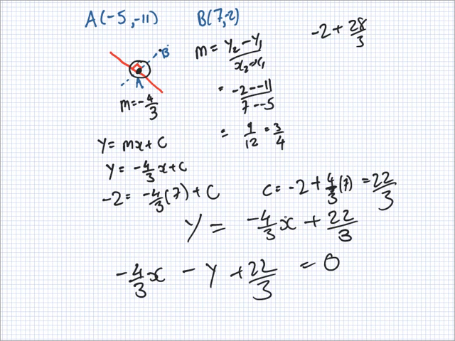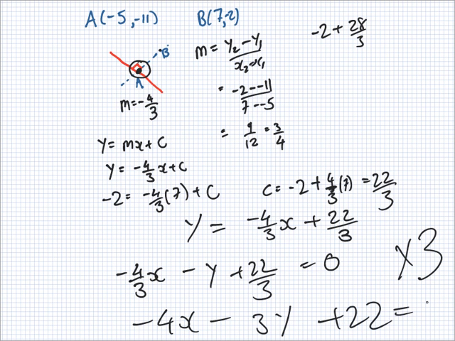Put the numbers in. That's it. We have to multiply everything by 3. Yeah, so we get -4x minus 3y plus 22 equals 0.